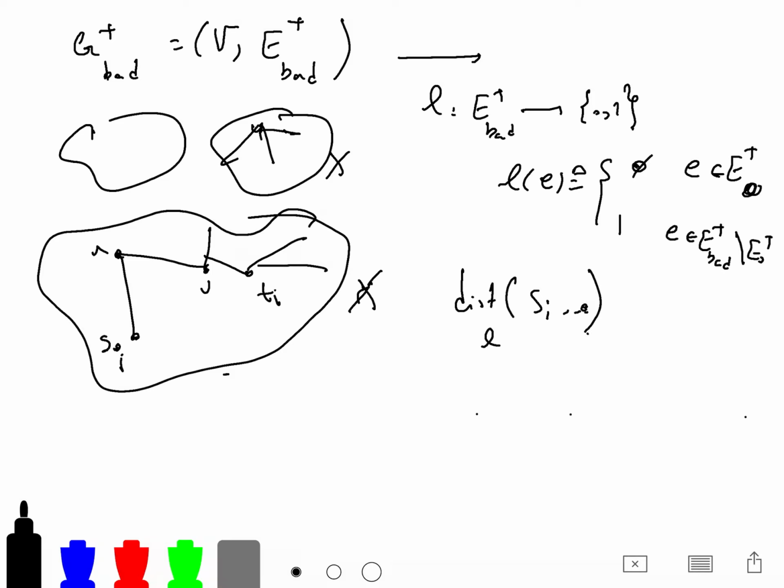We always start with SI to any point, and this defines and performs a carefully chosen level cut. For example, if it is bigger than something, round it. So it ensures no mistakes. The rounding mechanism doesn't allow mistakes on edges in E minus, and the number of misclassified edges is almost order of root of n.